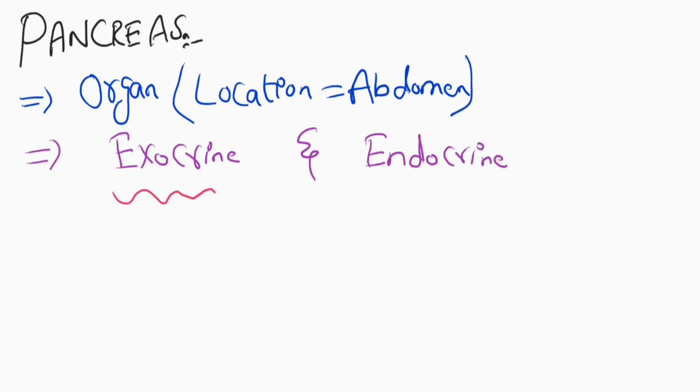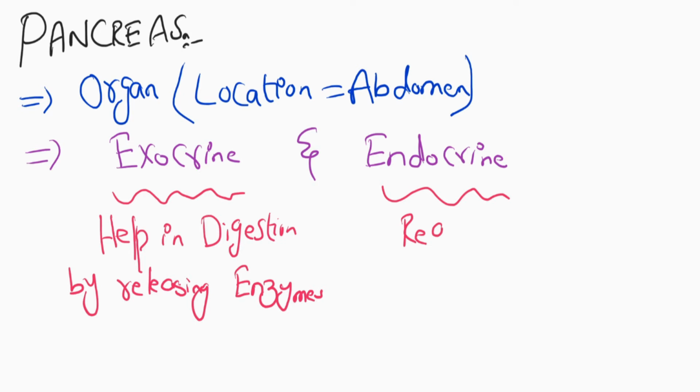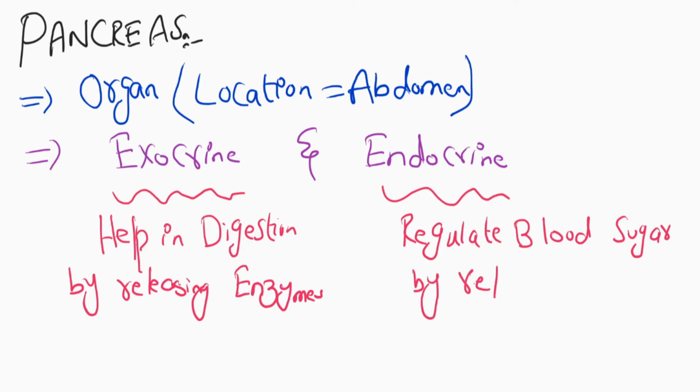The exocrine function of pancreas is to help in digestion of food by releasing enzymes. And the endocrine function of pancreas is to regulate blood sugar and control the amount of glucose in the blood by releasing hormones directly into the bloodstream.